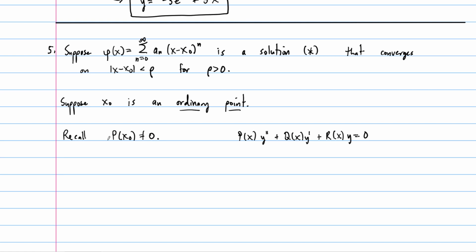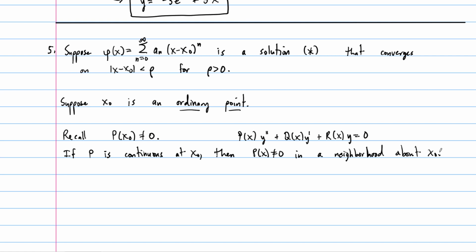By the way, I probably should have said some more about the coefficient functions, but let's assume that if p is continuous at x naught, then p of x is not equal to 0 in a small neighborhood about this point x naught.